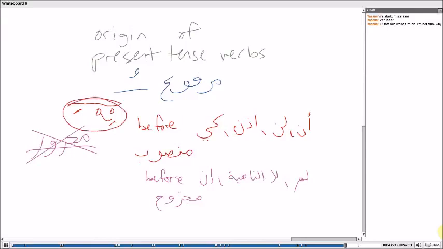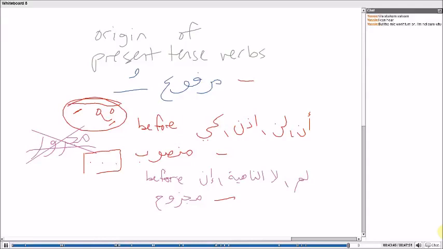Ever. Not a present tense, not a past tense, not a command verb. A verb is never majroor. Ever. Majroor is only for nouns. A verb can be marfu', it can be mansoob, and it can be majzoom. It can never ever be majroor.